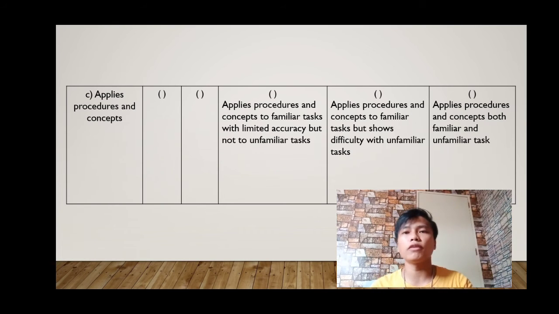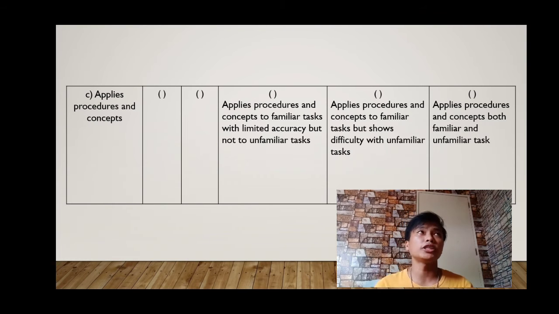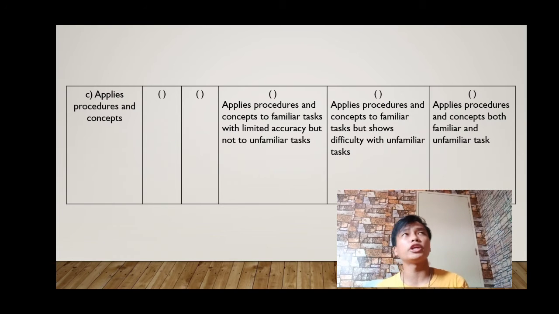So in the category of the capable, the student applies procedures and concepts to familiar tasks but shows difficulty with unfamiliar tasks. Like I said earlier, the students can apply the procedures they know or understand in the instruction to familiar tasks.